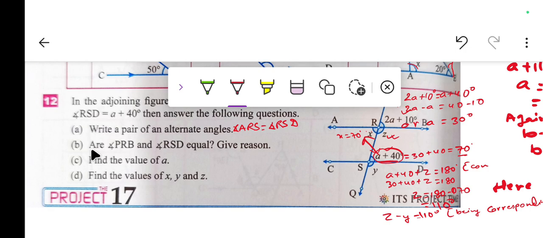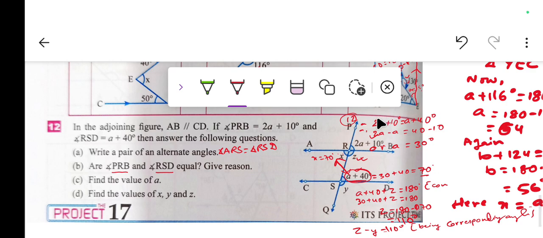Now another one. Angle PRB and RSD are equal. Let's see, which one is PRB? So this one is PRB, this angle. Another is RSD. This one is RSD.